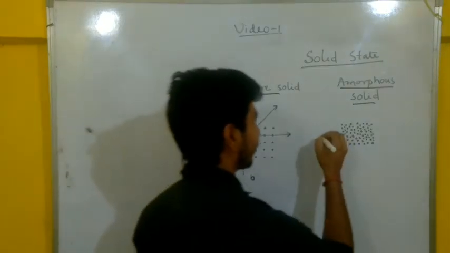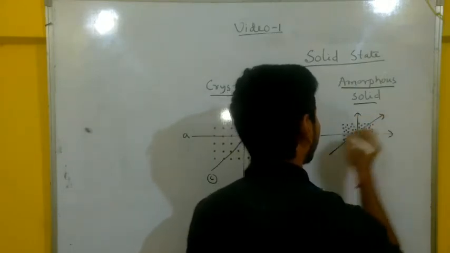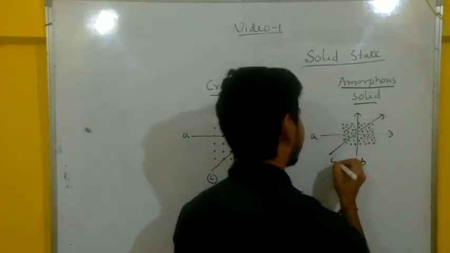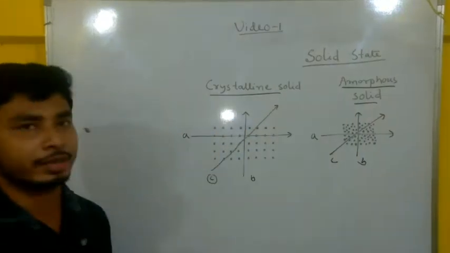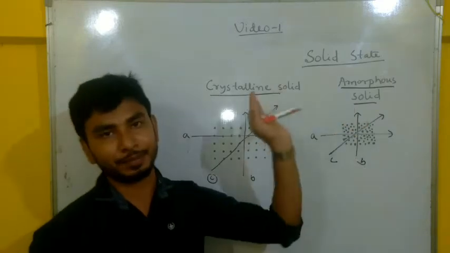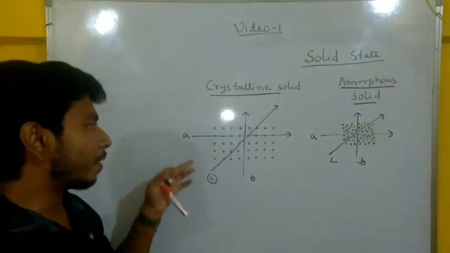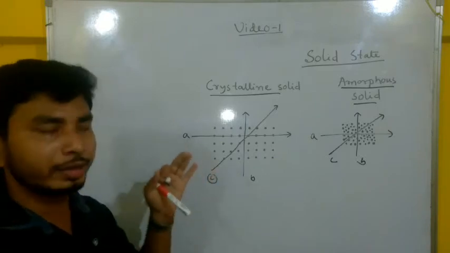But here, if we choose different directions randomly, because it is A, B, C, the number of particles in all directions is approximately the same. So in crystalline solid, the number of particles in different directions is different.